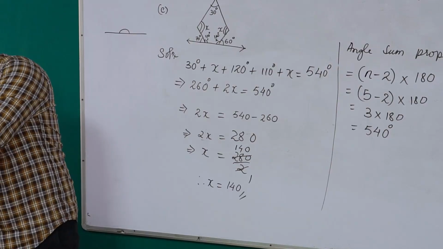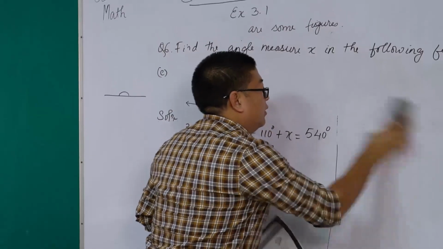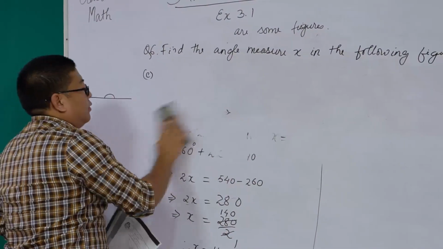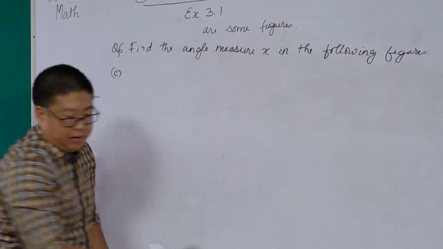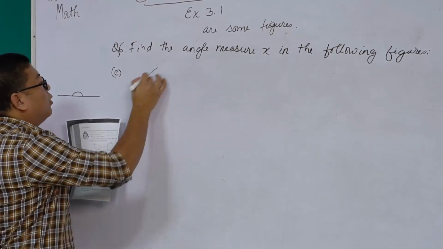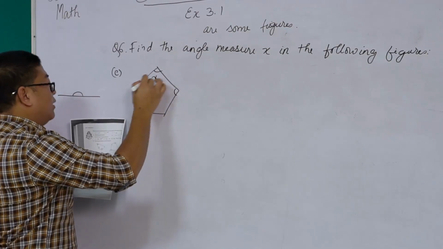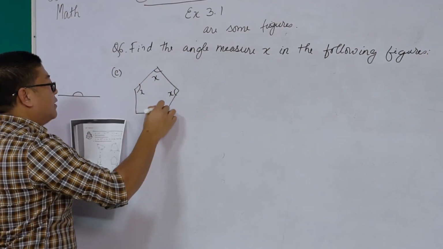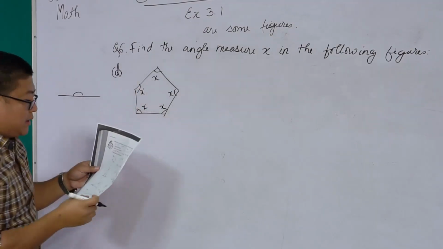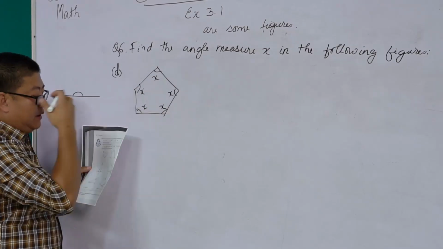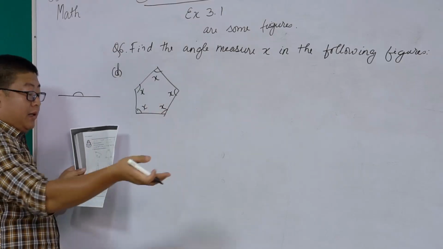With that, we will try to solve one more problem. This will be an assignment for you. I'm going to give you an idea of how you're going to go about it. The next question has all the angles given as x. We have to find the total angle first, similar to the previous question.